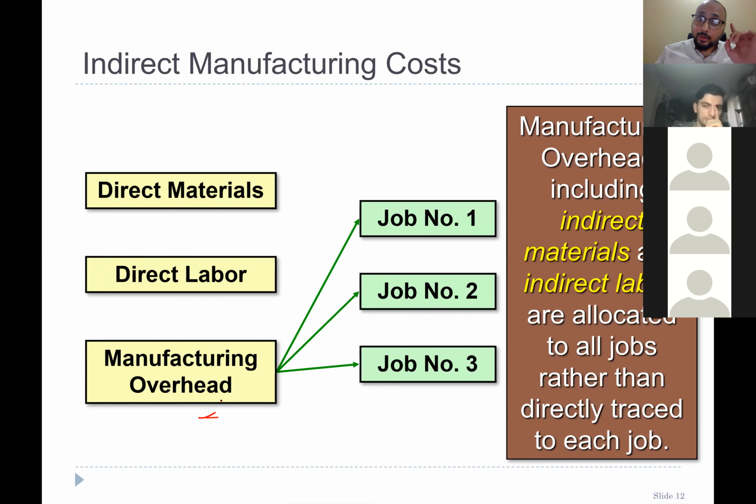Remember that concept: you receive pre-orders, and in that case you need to give a quotation. Manufacturing overhead includes indirect material and indirect labor, and these are allocated to all jobs rather than directly traceable to them. So manufacturing overhead is not easily traceable.